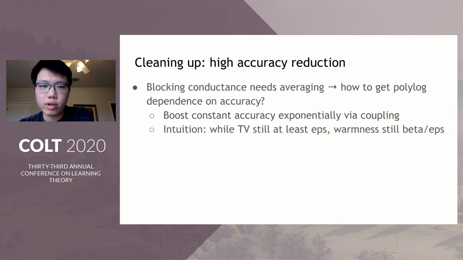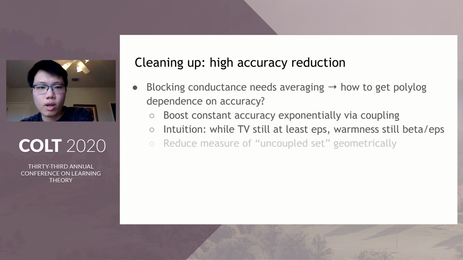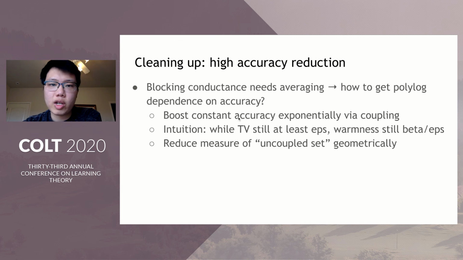And I'll sketch it briefly here. So the main idea is that while the total variation distance of your chain is still at least epsilon, namely that the chain is not mixed, the warmness cannot be too much larger. So here beta is the initial warmness. And therefore, I can use this constant accuracy coupling procedure to reduce the measure of the uncoupled set geometrically. And this will give exponential convergence.